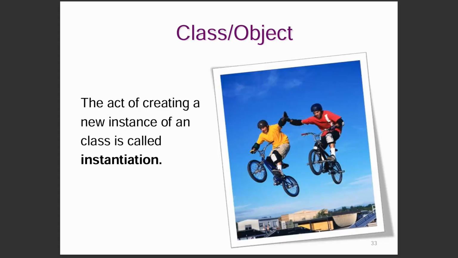Instantiation is the act of creating a new instance of a class within the other section. So when you are creating a duplicate here of the other class that shows the same activity, then you are doing instantiation.